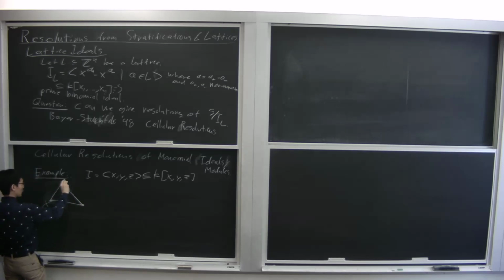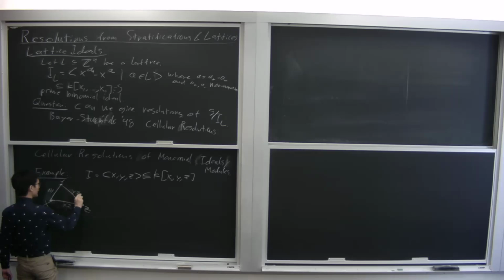It's enough actually to label the vertices x, y, z. The rest of the information is induced from this. You can take LCMs, and we'll get xy, xz, and yz, and the middle will be xyz.